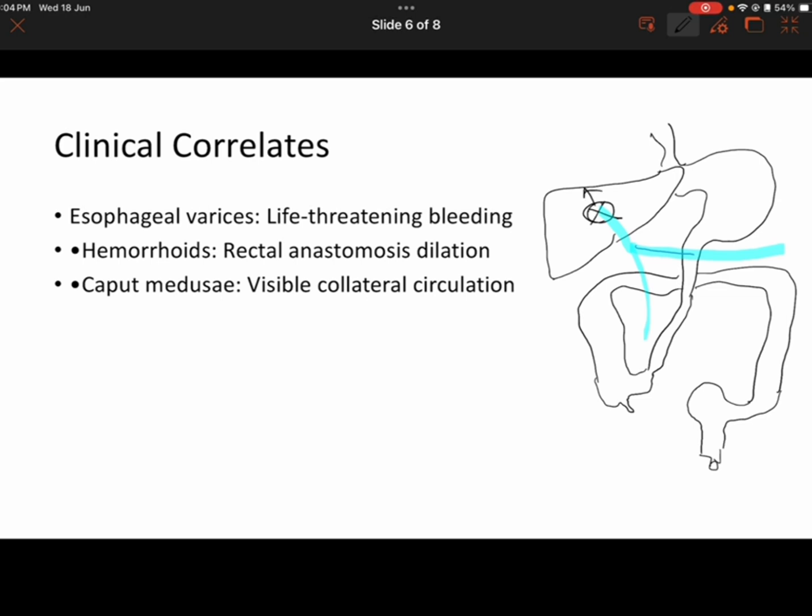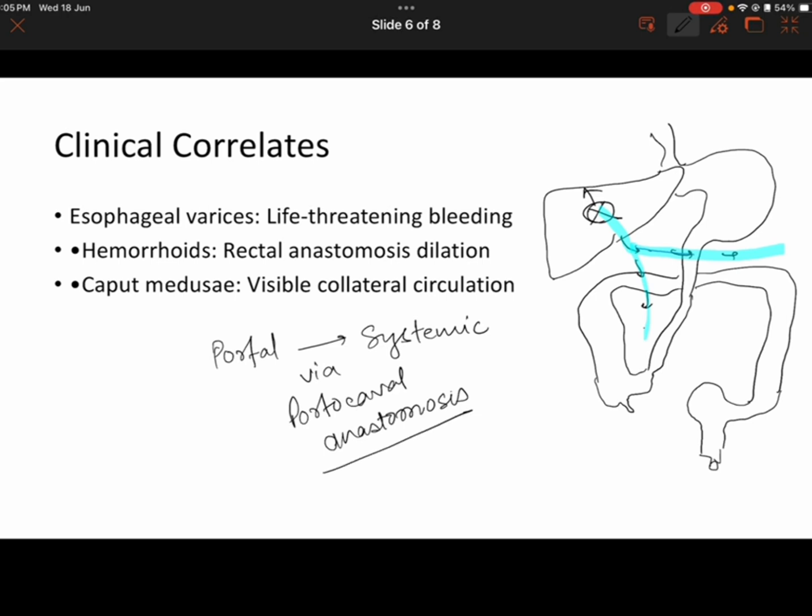Blood will not be able to flow forward, so there will be increase of pressure in backward direction, and for this blood to return back to the heart, it goes from portal circulation to systemic circulation via portocaval anastomosis. So this is the clinical significance of the portocaval anastomosis.